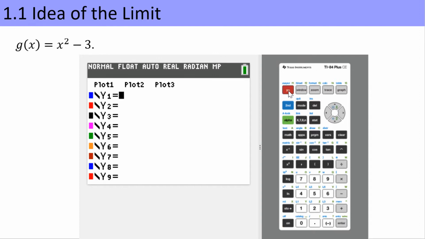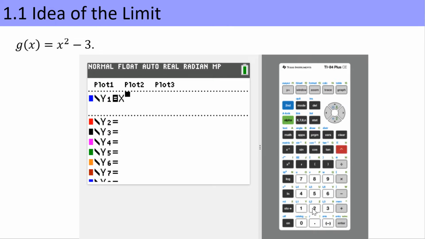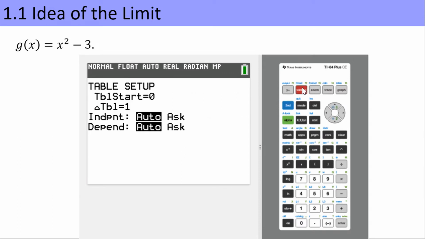I will select y equals and then key in the function, which was x squared, move over, and then minus 3. Now I want to use the table feature, so I will push the buttons second and window, which gets us to what is called table set.